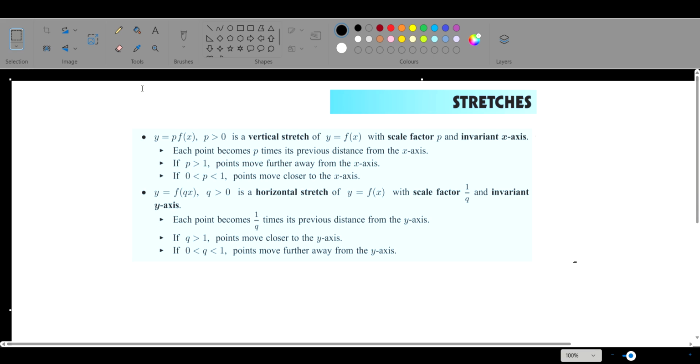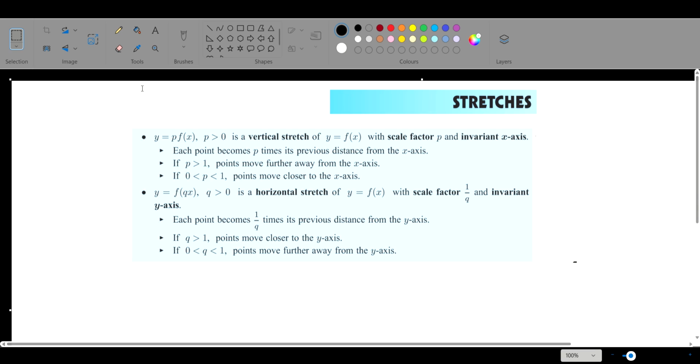Let's multiply that with 4: 4x square. This green line is 4x square. Let's multiply that with 10: 10x square. This purple line is 10x square. So every time I multiply with a greater positive number, what is happening to that graph?